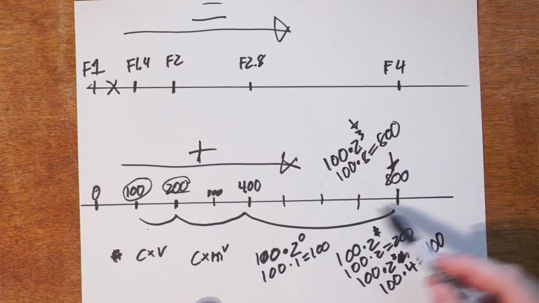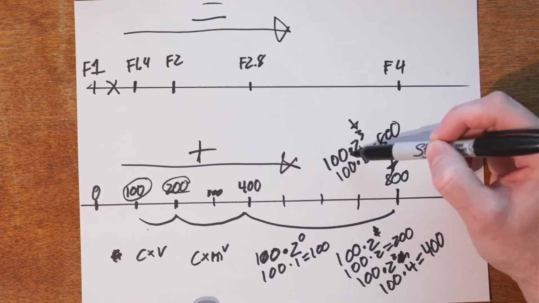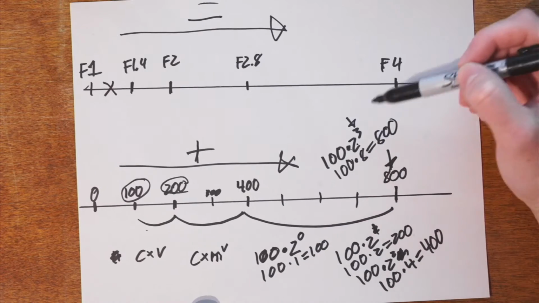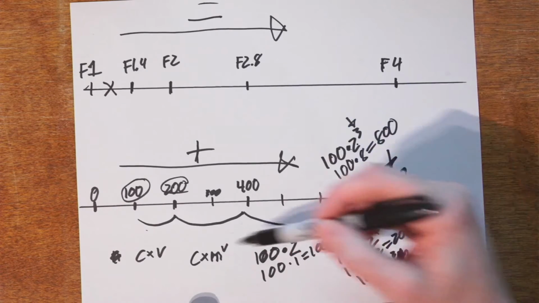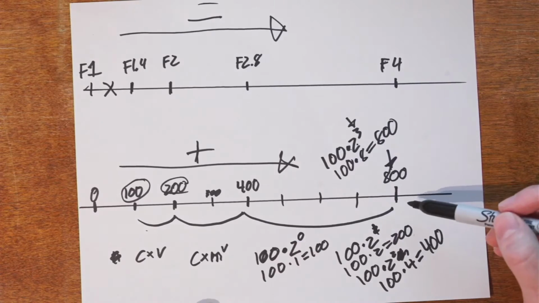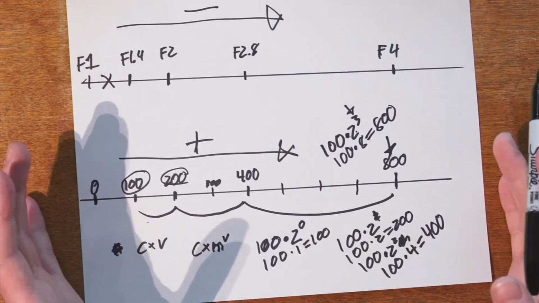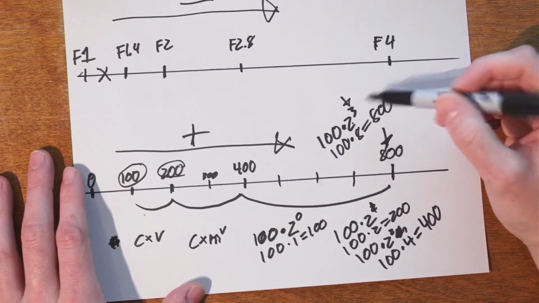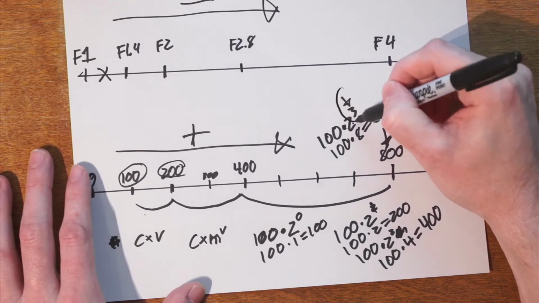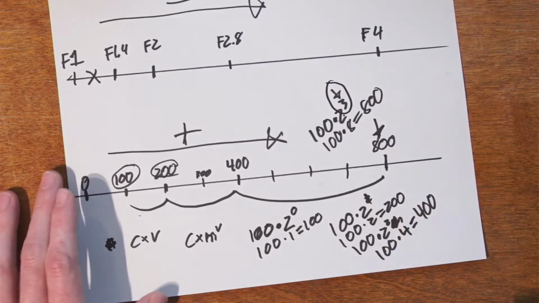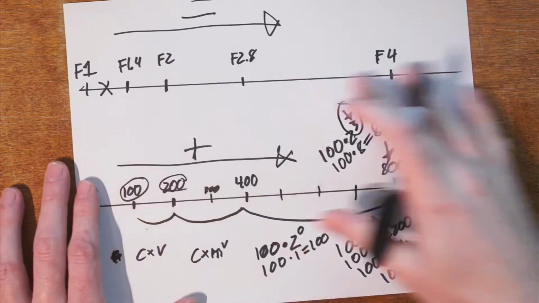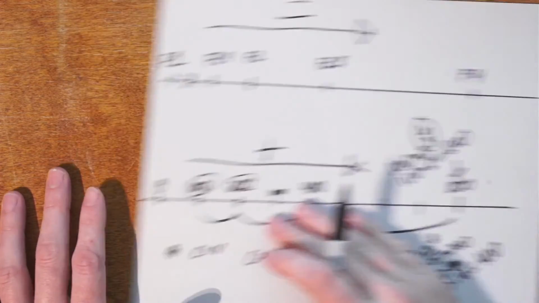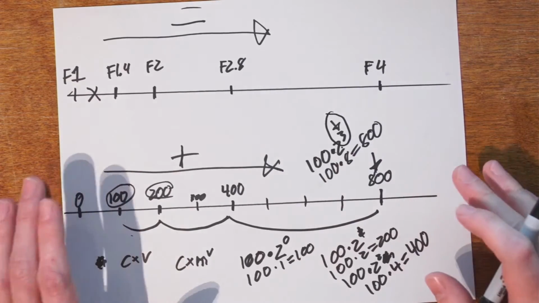So when you click it 3 times, you're going your base times 2 to the third power. That's our 3 clicks, and we're out at 800. So that's why these numbers are the way they are. This is how those things are calculated. It is the exponent that's happening in the f-stop. That's also happening in our shutter speed as well.